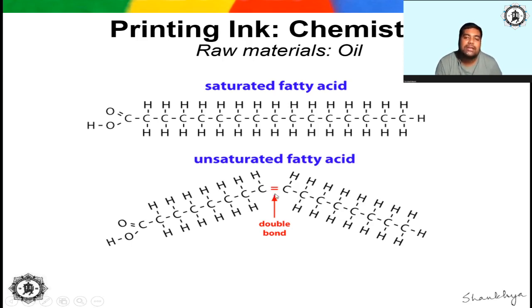And through a chain reaction, a polymerization reaction, these unsaturations are converted into saturations, carbon-carbon single bonds, within the entire fatty acid chain, and when all these double bonds have been saturated, the oil dries up. That means it gets polymerized. Okay, and if something gets polymerized, automatically it will dry up and it will form a large film type of structure.